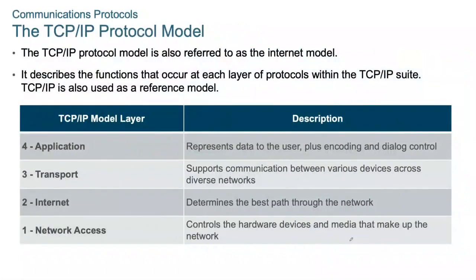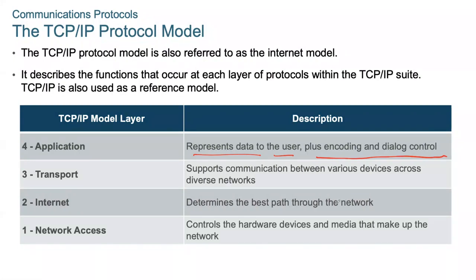Right? So in the TCP/IP protocol model, as we said, there are 4 layers. In these four layers, the application layer represents the data to the user, plus encoding and dialog control, which will be handled by your application layer.